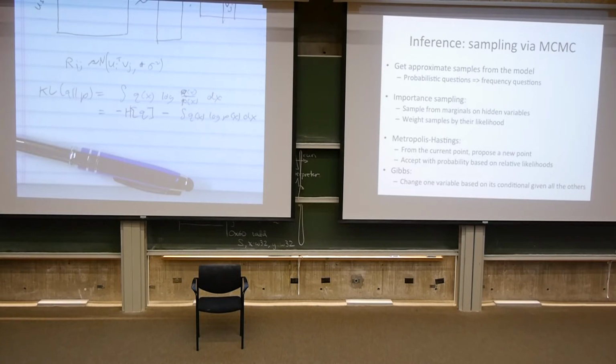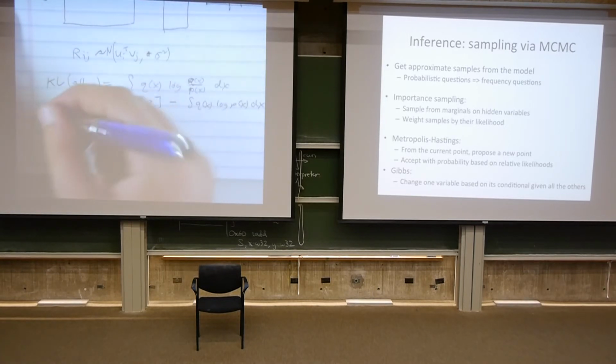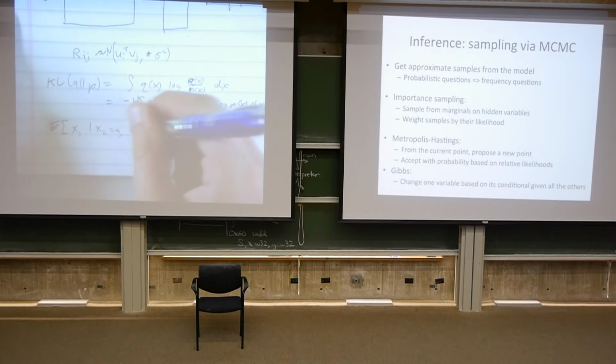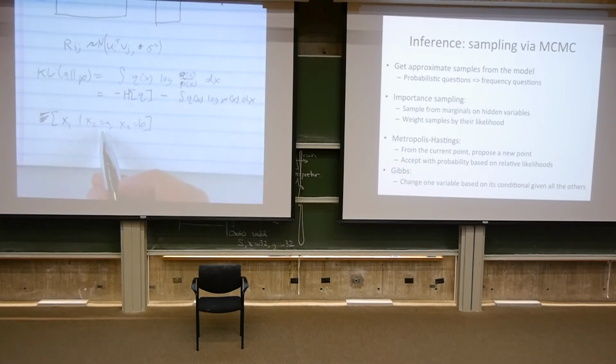So if you wanted to ask a question like the mean of x1 given x2 is some value, x3 is some value, then you would fix x2 and x3 to those values in your graphical model, sample from the model, and you get a bunch of x1 values, you take the mean of those. That's how you answer that kind of question. And for any other probabilistic inference question you might want to ask, you can do it from samples, usually without too much trouble, if you can get the samples.